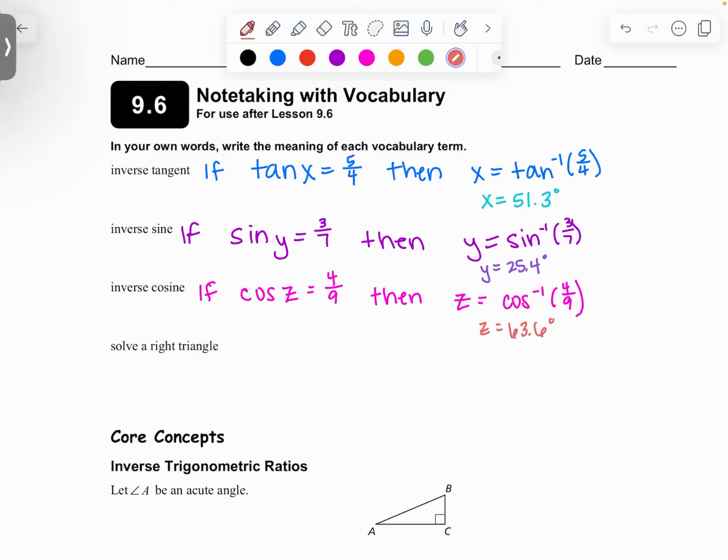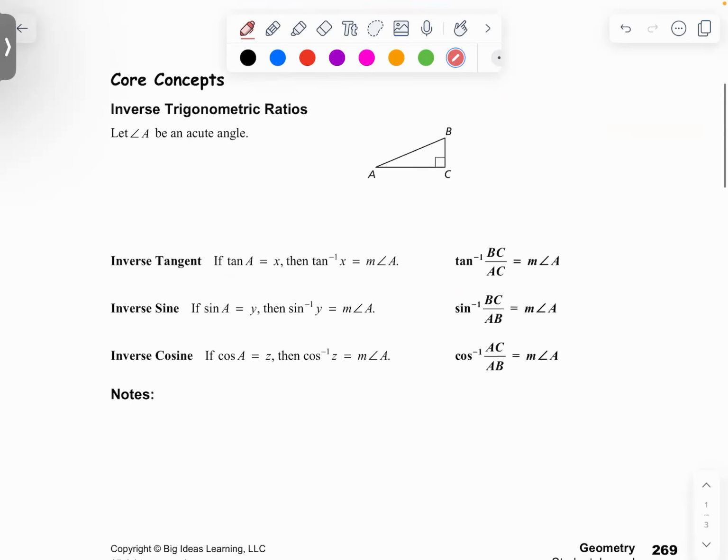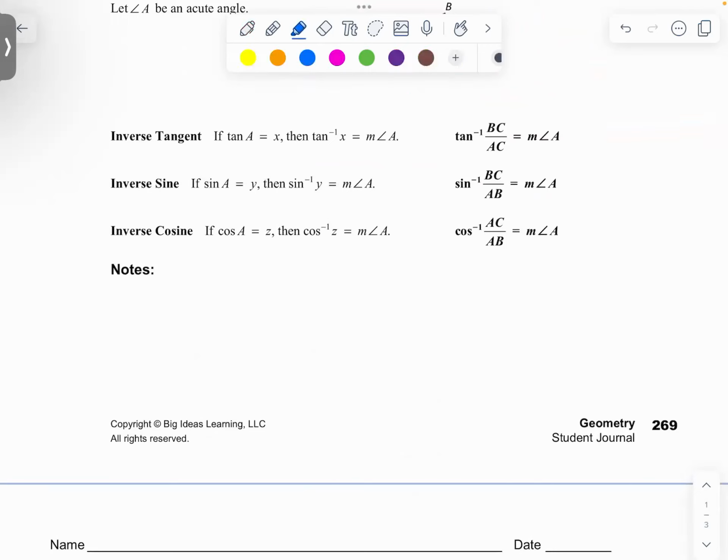Okay, so really, what we talk about today isn't really that different than what we did Thursday, Friday. But now we have to solve for the angle, so we just have to remember when to use the normal buttons and when to use the inverse buttons. So I want you to come down here. You see where it says notes? We're going to write in 3 examples.